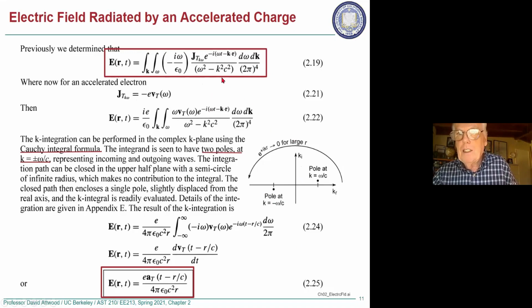But what they will teach is that this is a complex plane in k space, the real part of k and the imaginary part of k. And the wave propagation k equals omega over c, so this is lambda f equals c. The poles are not exactly on the real axis, because there will always be some lossy process.